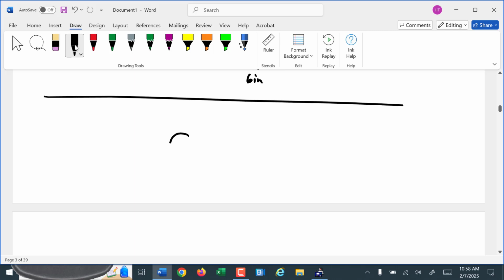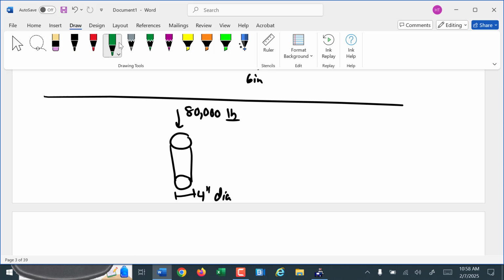Let's say you have a round post. A 4-inch diameter round post, and it has to support, let's do 80,000 pounds. So again, we start off with the area of the post.